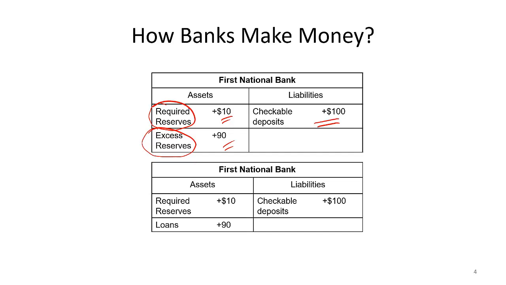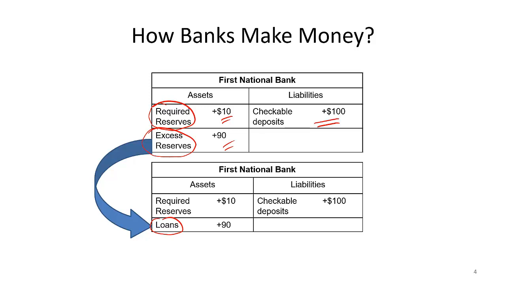So now let's see what the First National Bank can do. You can see that the excess reserves changed into loans here. Excess reserves really don't earn anything for the bank, or earn a very low interest rate, which is not profitable. But the moment those excess reserves are transformed into loans, it's a lot of profit for a bank, because banks now earn interest at a much higher rate than that earned on excess reserves.